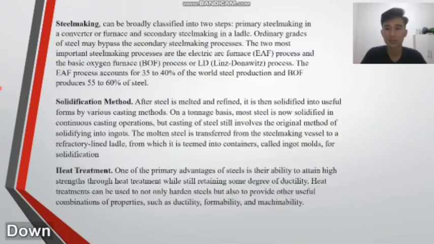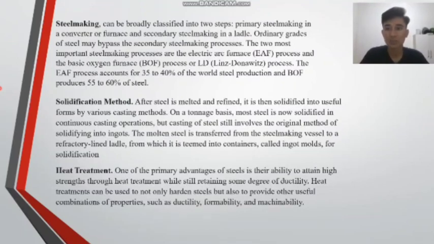Steel making can be broadly classified into two steps: primary steel making in a converter or furnace, and secondary steel making in a ladle. Ordinary grades of steel may bypass the secondary steel making processes.